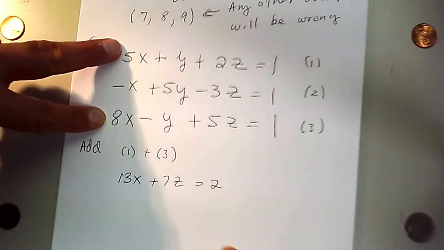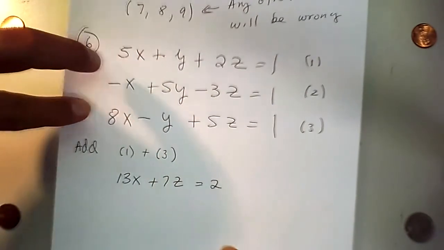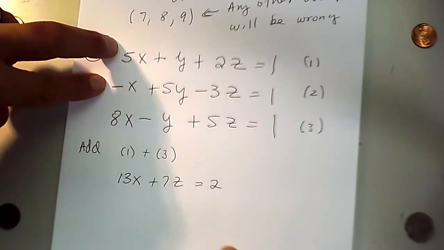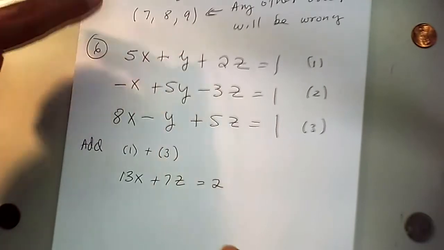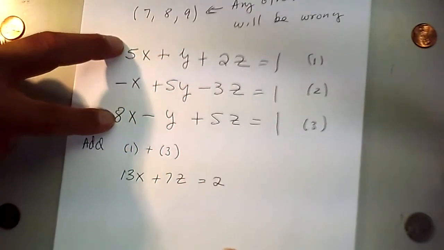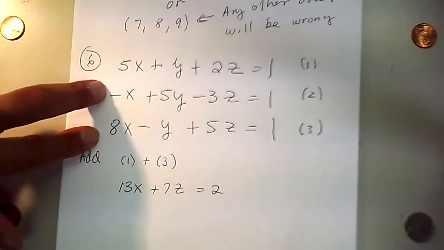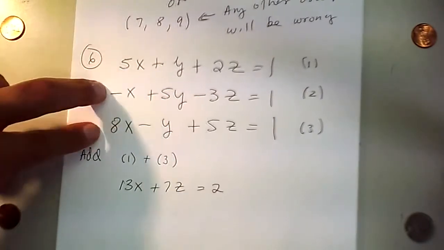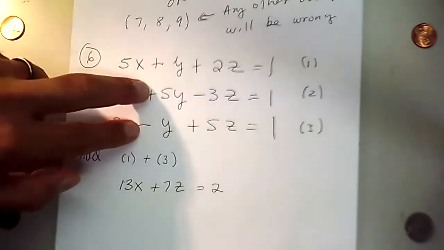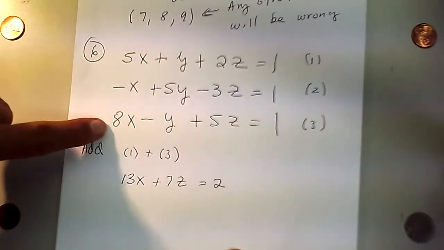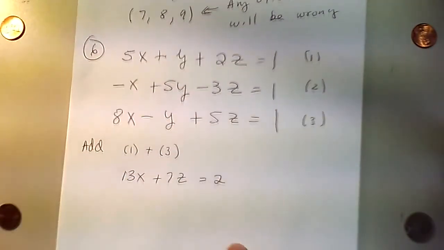I want to eliminate the y again using either those two or those two. Although if I use those two again, I'm going to go in circles. That's not going to help us. So we need this pair or this pair, but I think I'm going to use this one because this one has a negative already, so it'll be easier to add. So I'm going to multiply equation 3 by 5.